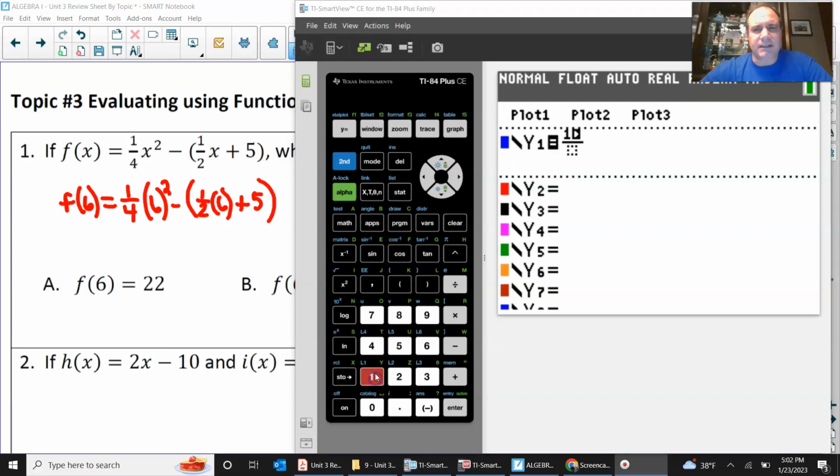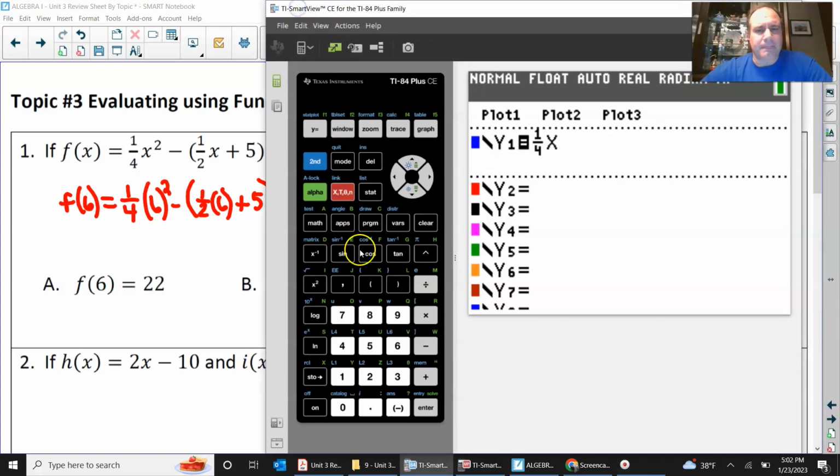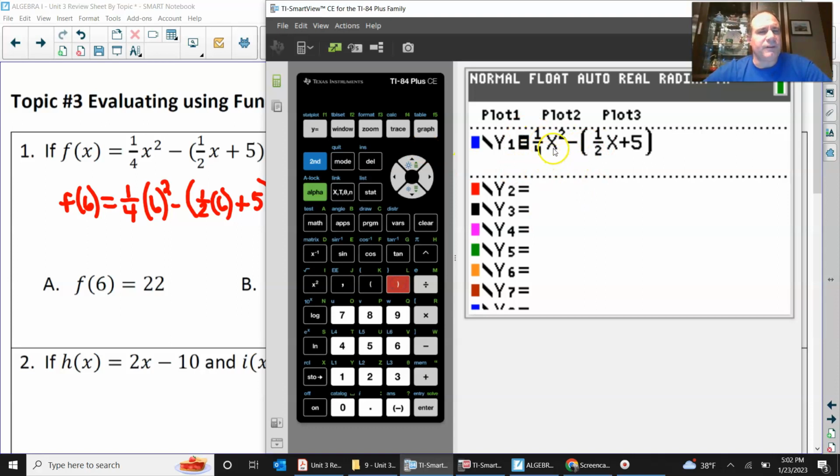I'm going to put this directly in, 1/4, and there's your x squared, minus, and then parentheses, you just do exactly what this function tells you to do, and then x, and then plus 5. Let me check to see if I have the exact same thing. I do. It's 1/4 x squared minus 1/2 x plus 5.